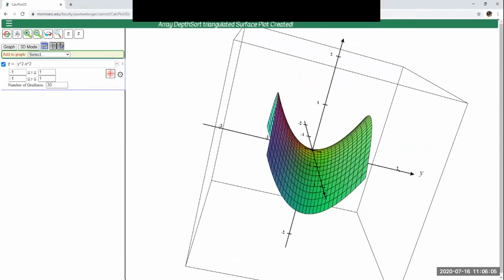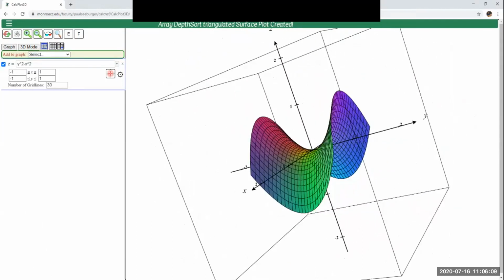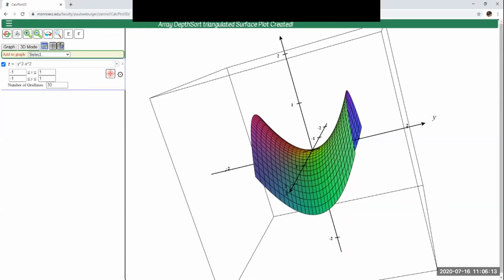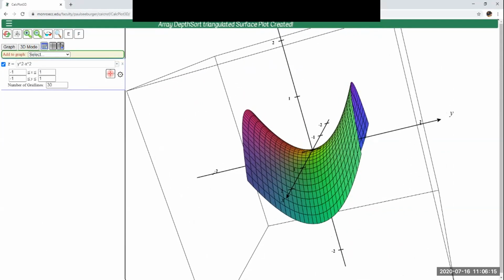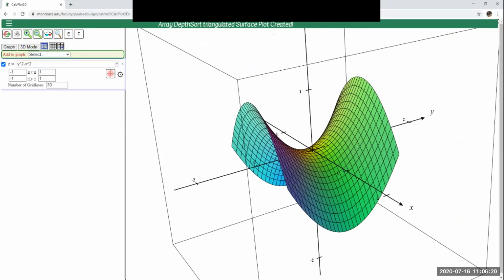Okay, so this is what we would get. This is like a saddle of a horse or something like that.